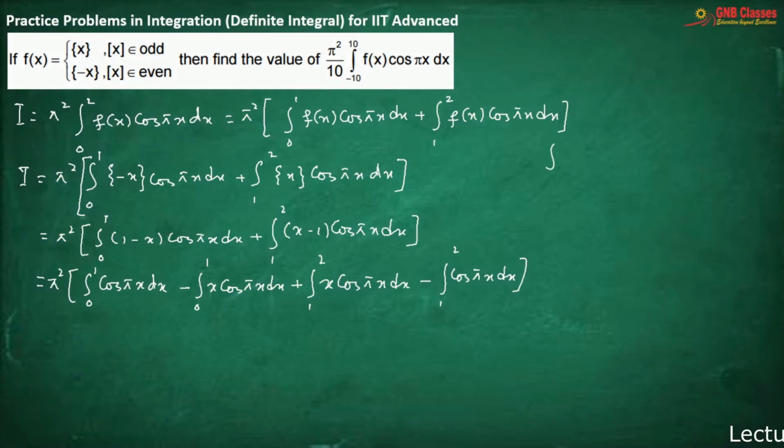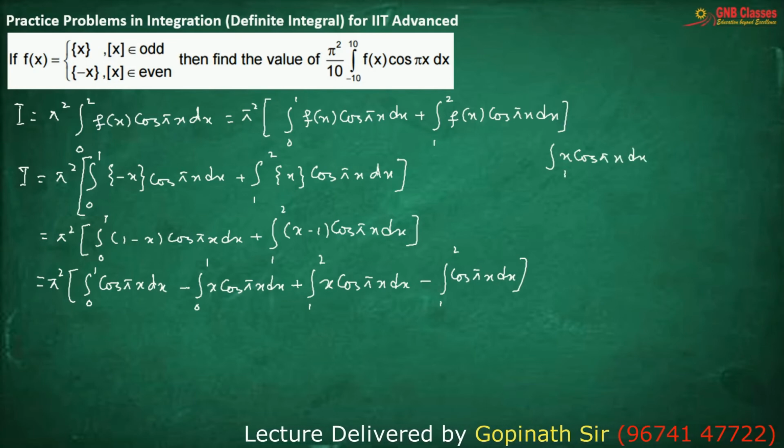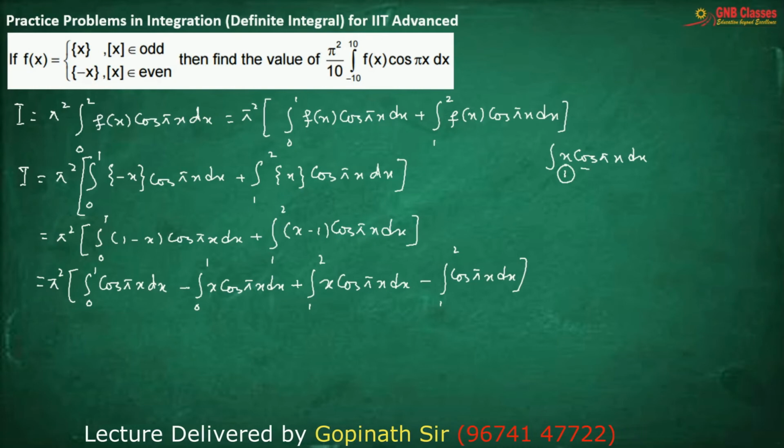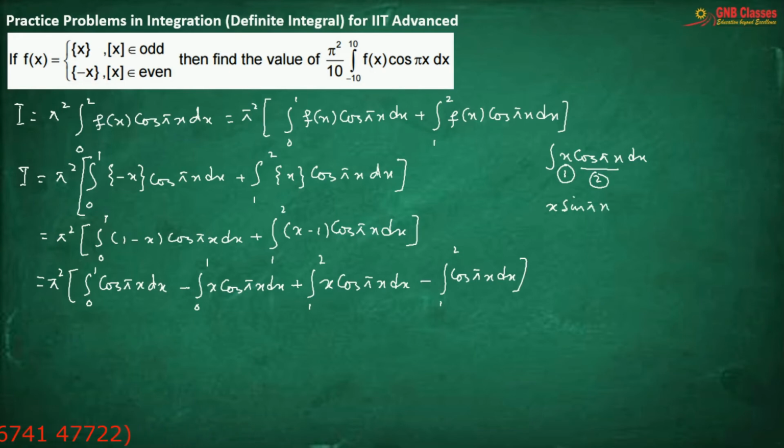Now let me separately do the integral of x cos(pi x). By using integration by parts, let us take x as my first function and cos(pi x) as my second function. We are getting x sin(pi x) by pi minus the integral of sin(pi x) by pi dx.